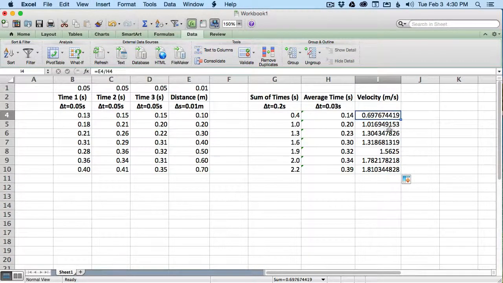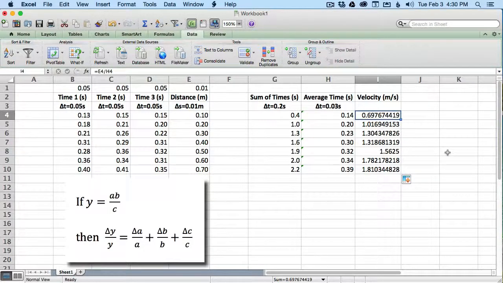Now, our job, we need to take these numbers, and we need to find out how sure are we of these numbers. Now, from the data booklet, we find this equation. This equation tells us that the uncertainty of y divided by y is equal to the uncertainty of a divided by a, plus the uncertainty of b divided by b, plus the uncertainty of c divided by c. This is for any equation when we are either multiplying or dividing.